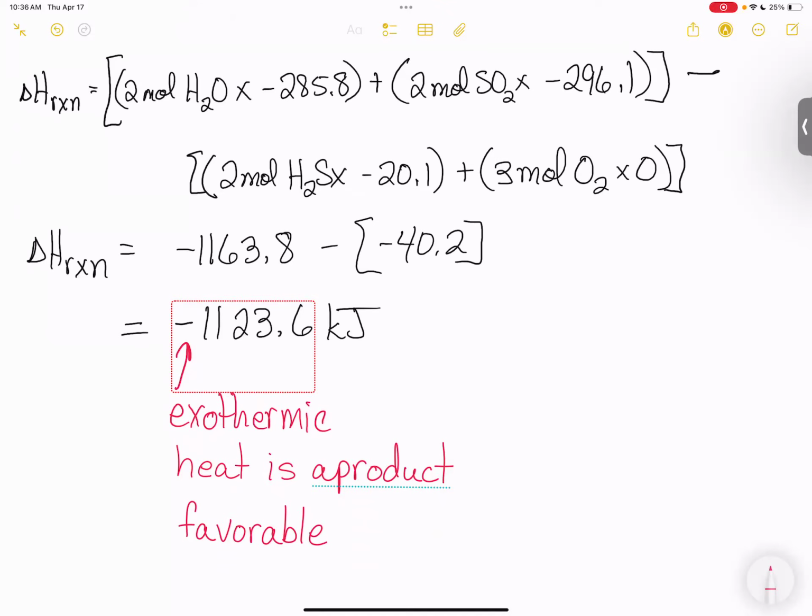So you have to not only get the answer, but you've got to interpret the answer. That's where that table came into play that I put up there earlier.